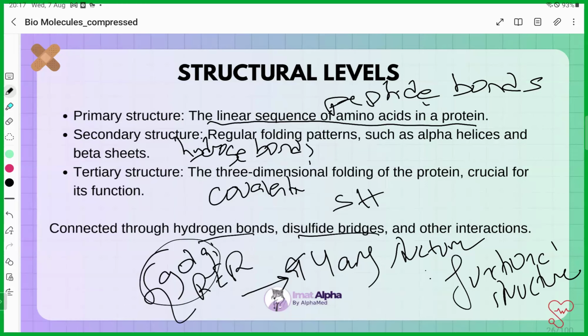So these are proteins, but each one has a specific function. Now my question is, who allows this function to happen? I mean, which structure?